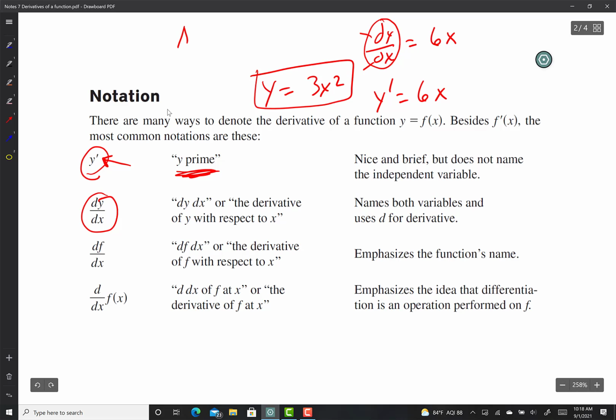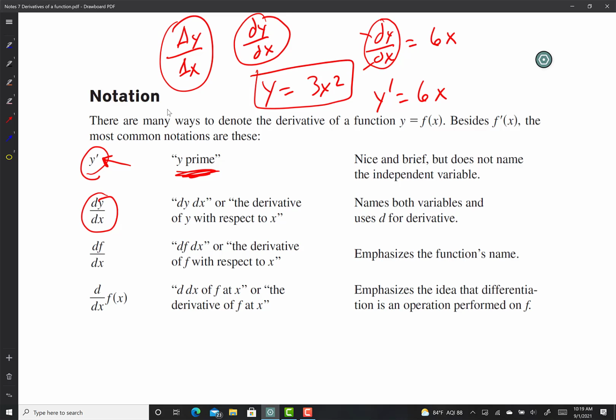So what's the difference between this and this? The delta y over delta x on the left, that's just for anything, the change in y over the change in x, and if we're talking about big numbers, then so be it. When you see dy dx, now we're talking about instantaneous rate of change.